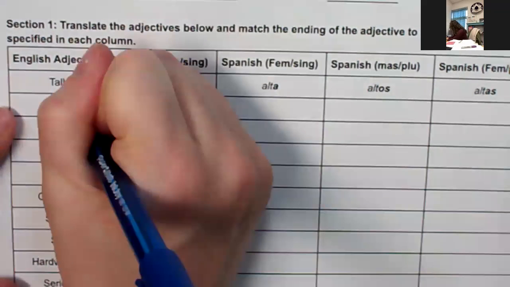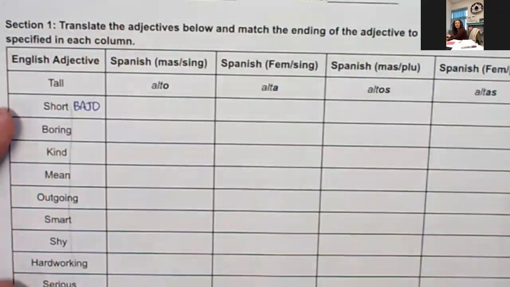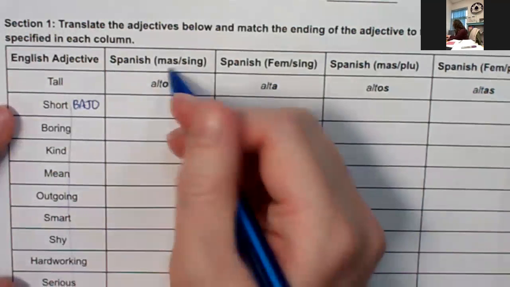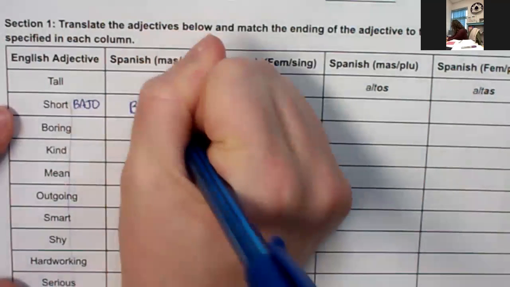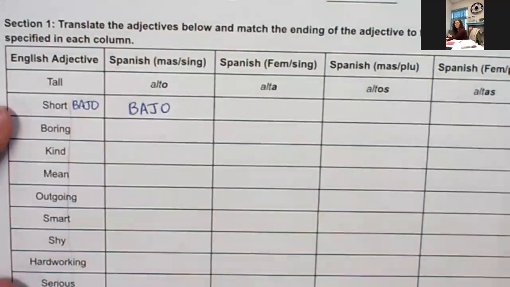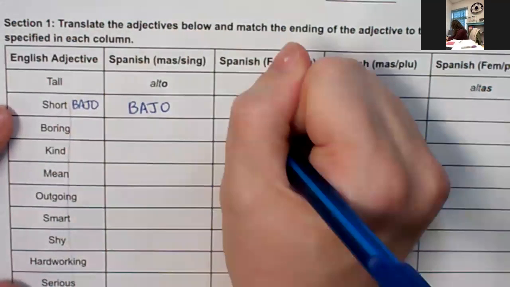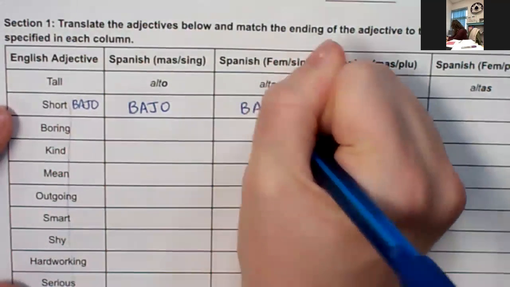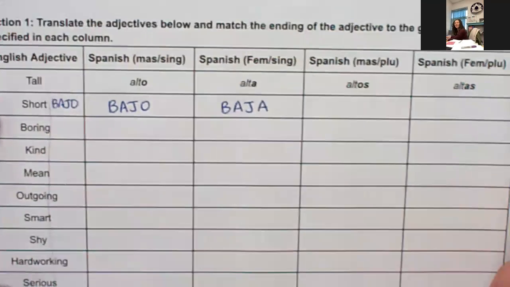So the original word for short is bajo, B-A-J-O. To make it masculine and singular, we just need to make sure it ends in an O, bajo, no S. To make it feminine and singular, we're going to change that final O to an A, baja.